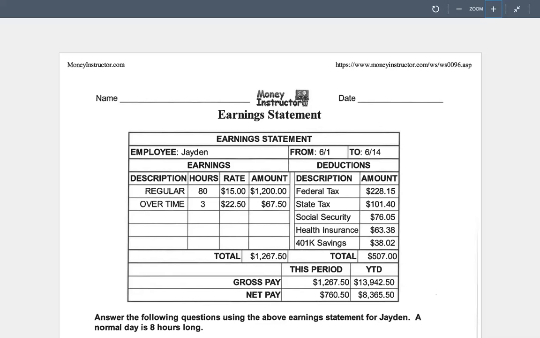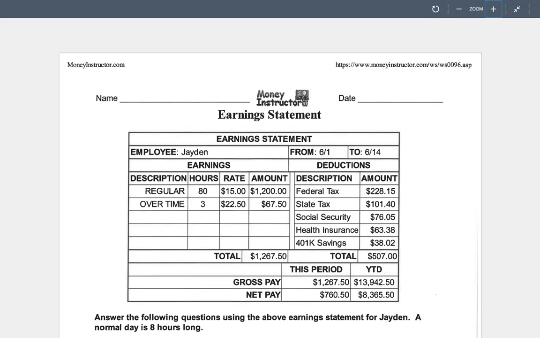That is for this pay period from June 1st to June 14th, $760.50. So Jayden received or earned $760.50 that was deposited into his bank account or got a paycheck for that amount.